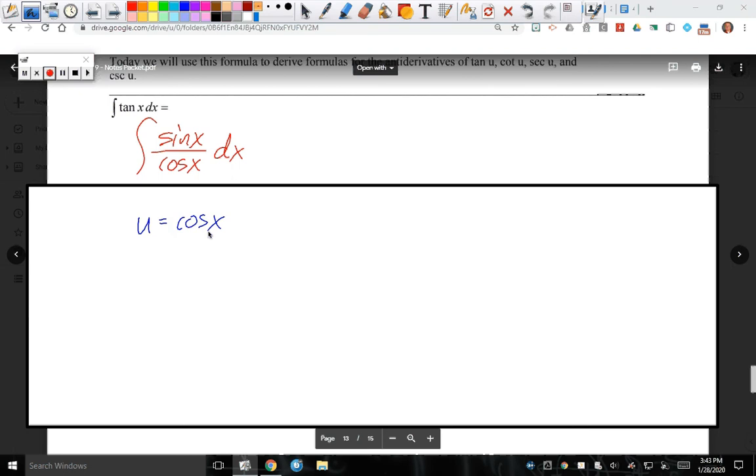The derivative of tangent is secant squared. So the secant squared, that's tangent. But we're doing the integral of tangent, not the integral of secant squared.